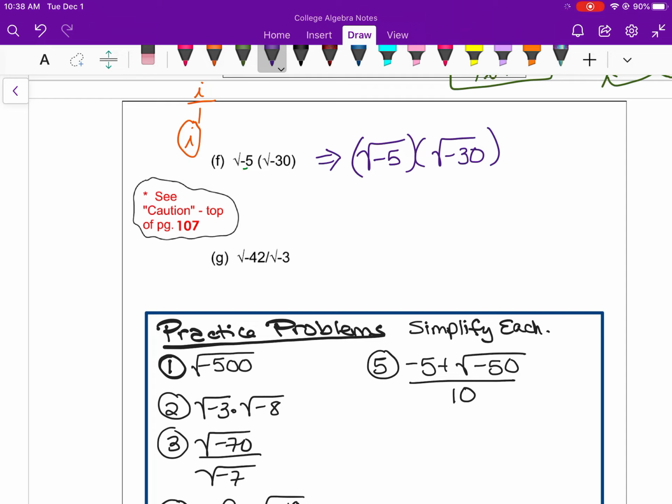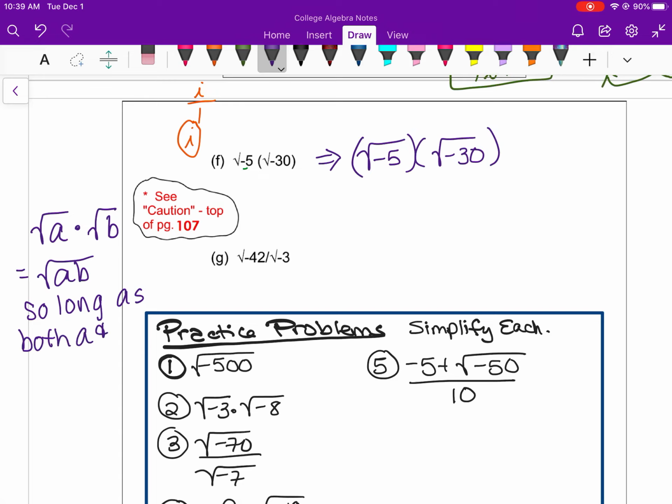What you need to watch is that the square root of A times the square root of B will equal the square root of AB, so long as they're both positive, or at least one of them is positive. So I'm just going to say so long as A and B aren't both negative. One of them has to be positive for that to work.